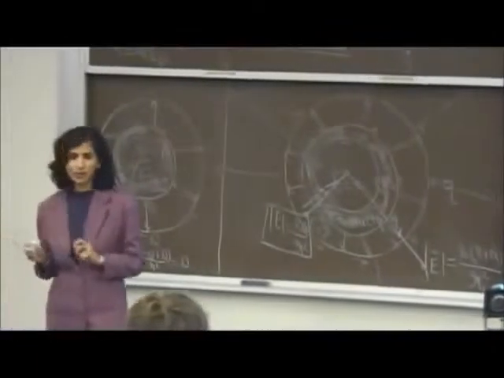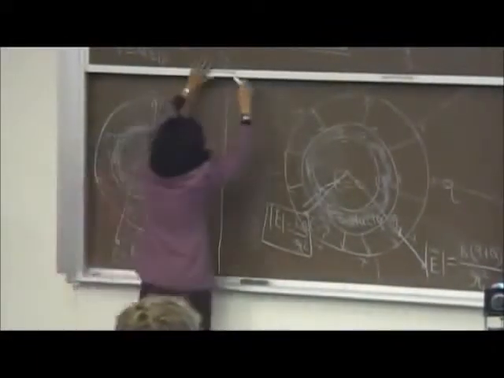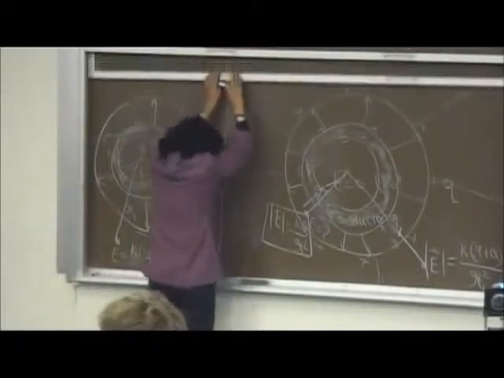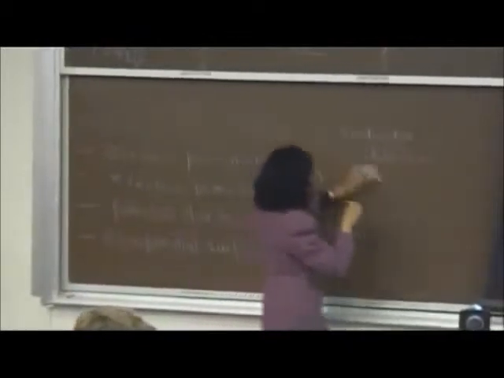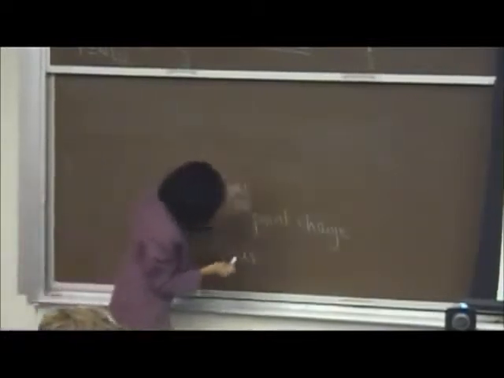Before I get to electrical potential, which is our next chapter, I wanted to ask you one more question that you should think about with the person next to you, again related to electric field. Here is the thing.